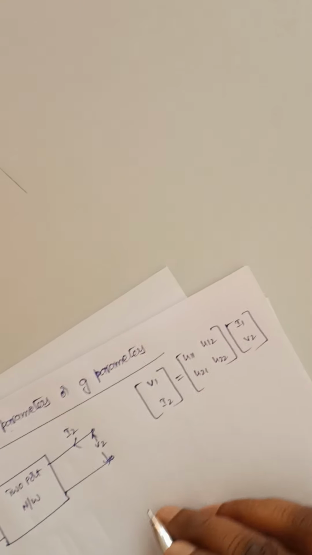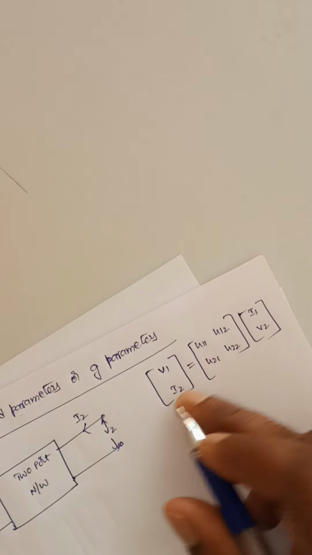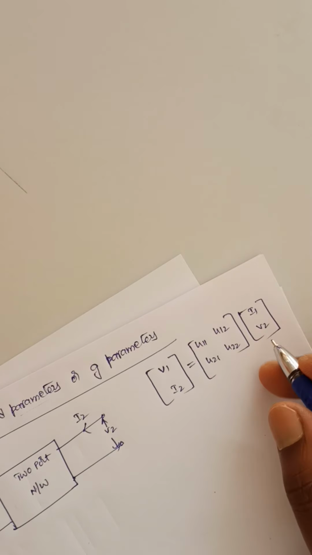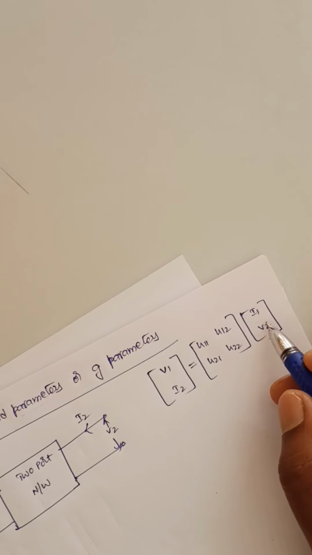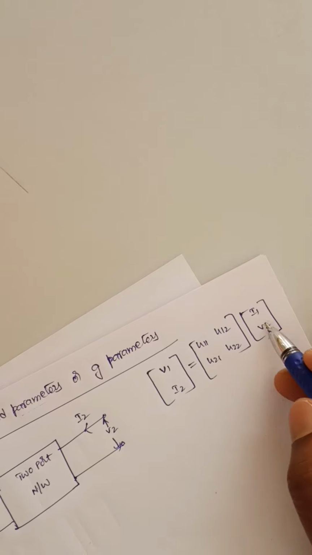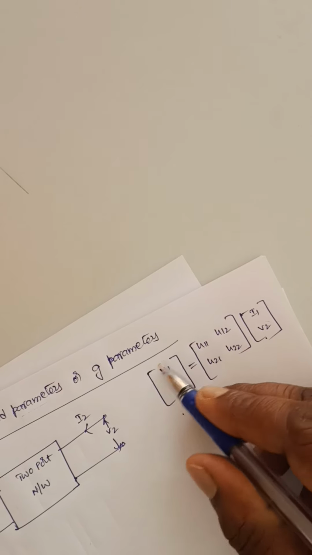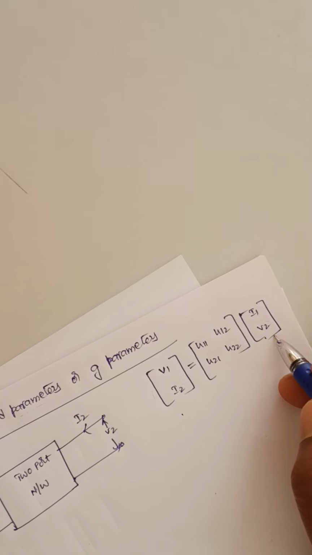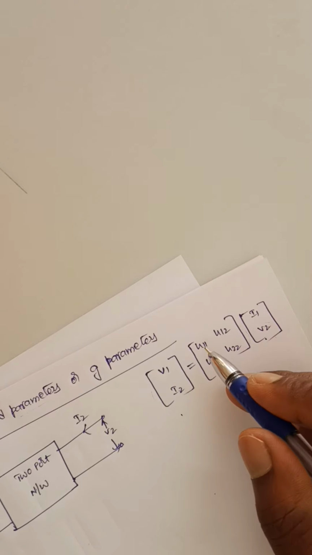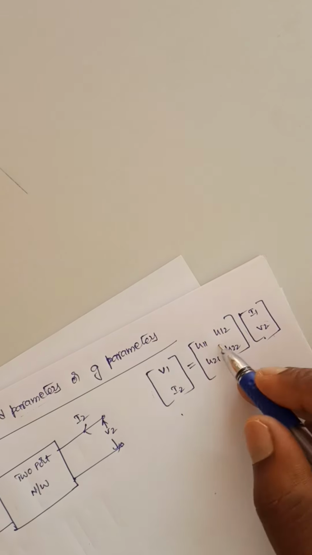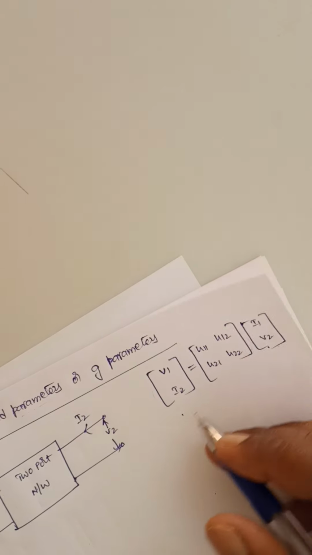So if I replace this matrix from here to here and this matrix from here to here, then these parameters change from hybrid parameters to inverse hybrid parameters or G parameters.